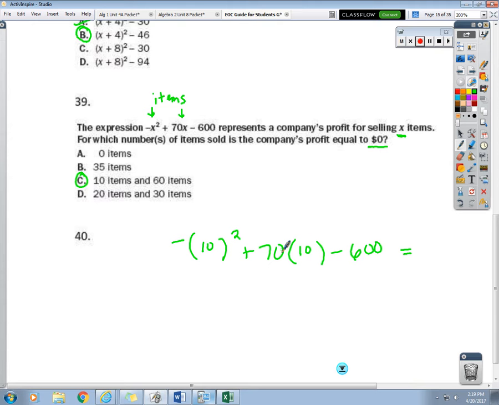Negative 100 plus 700 is 600, but then take away 600 again and you're left with 0. So see how when plugging in 10 into both x's it made a 0? What do you think is going to happen when you plug in a 60 into both x's? Which would be 600. And you get 0 again, right?